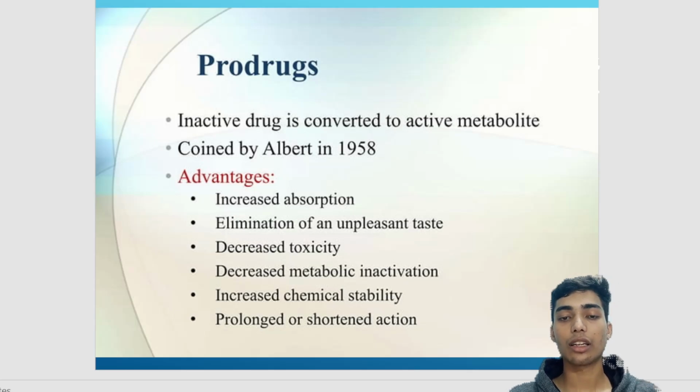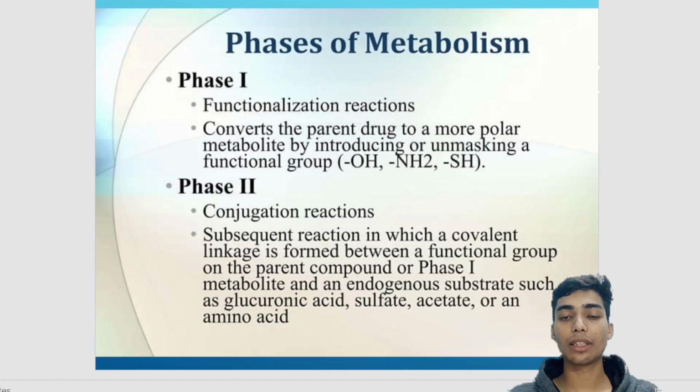Biotransformation or metabolism is divided into phase 1 and phase 2 reactions. Phase 1 reaction is also known as the non-synthetic phase, and phase 2 reaction is also known as the synthetic phase. Phase 1 is a functionalization reaction.